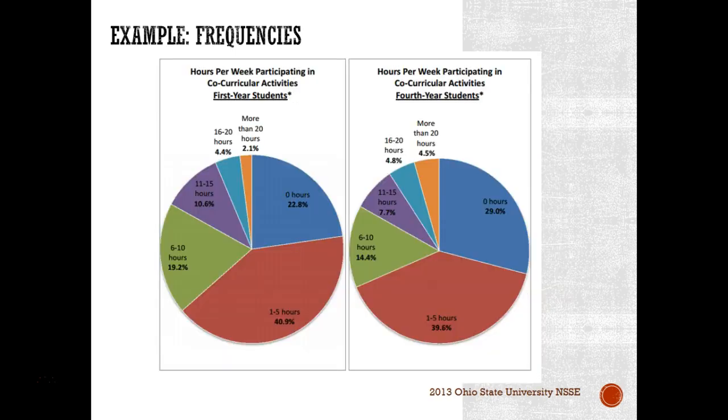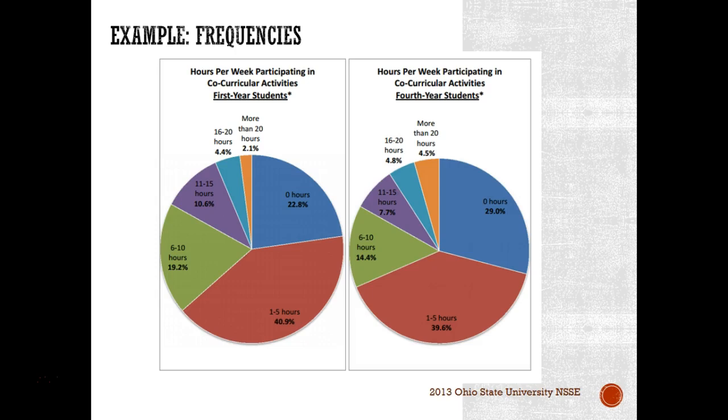And now for another view of frequencies, we're looking at the same source, so it's still the National Survey of Student Engagement responses from Ohio State University in 2013. And now we're looking at how many hours per week students participated in co-curricular activities. So we're looking at first year students versus fourth year students.